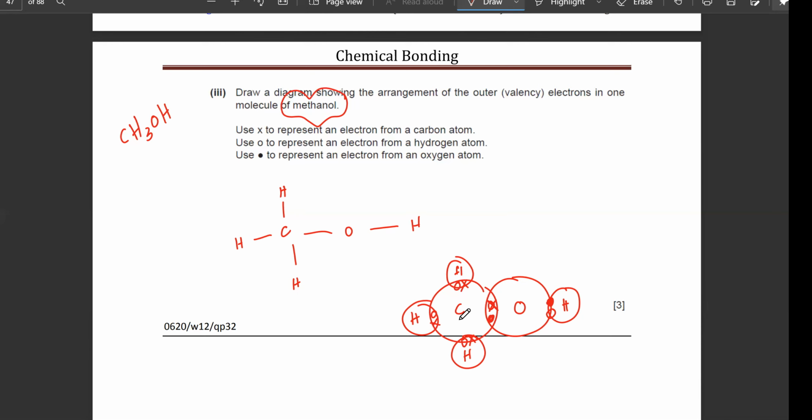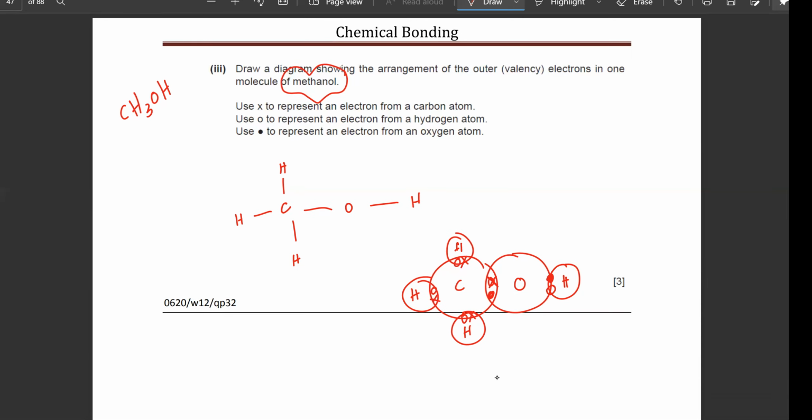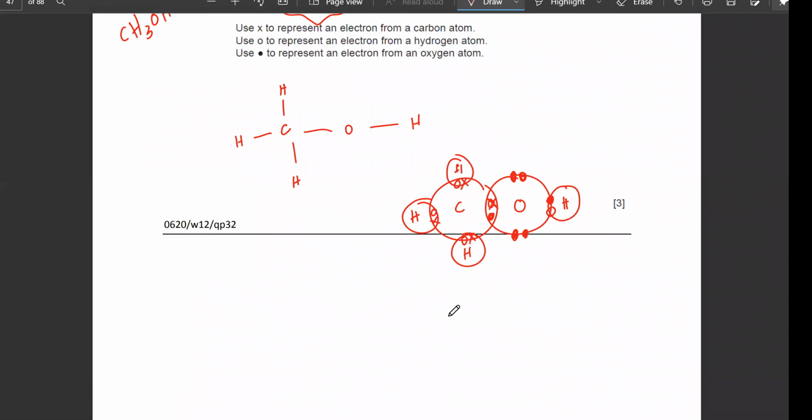So oxygen gets 4 non-bonding electrons. Hydrogens are complete, they can only have 2 electrons, so that's done. Carbon is also complete, so that's also done.